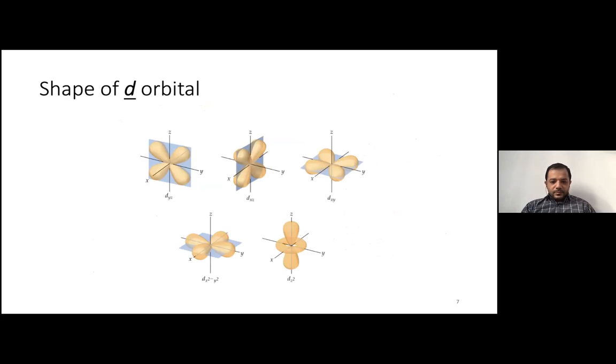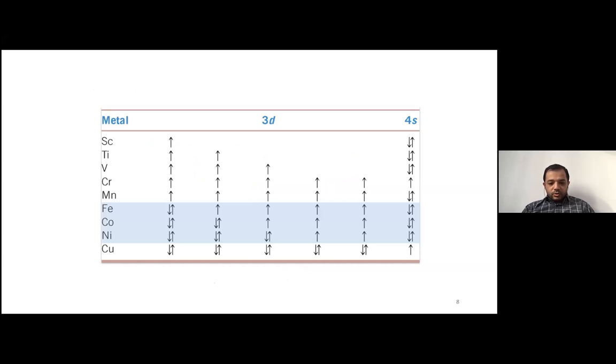And just for your information, the d subshell consists of 5 orbitals, and since they are not completely filled, it means that there is a favorable direction of spinning of electrons. Now we'll talk about spinning in a little bit, right? So there are a few other elements, including iron, in the periodic table that have this property. Their d subshell is not evenly filled with electrons.